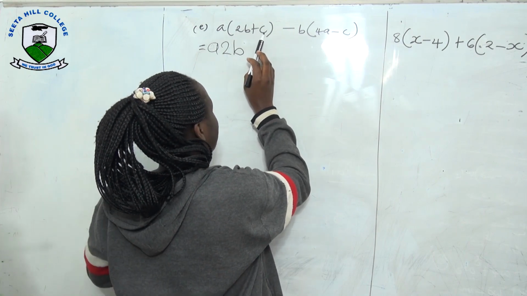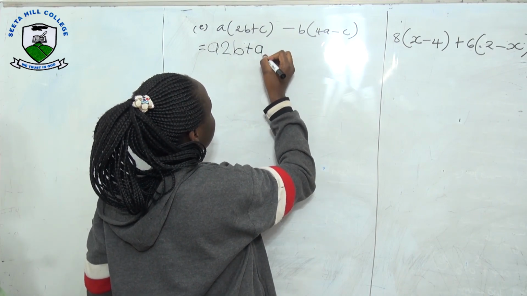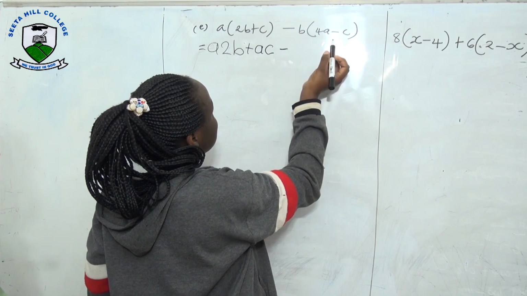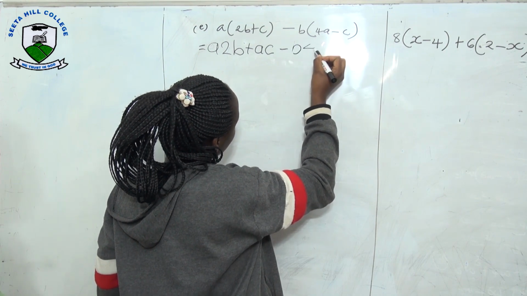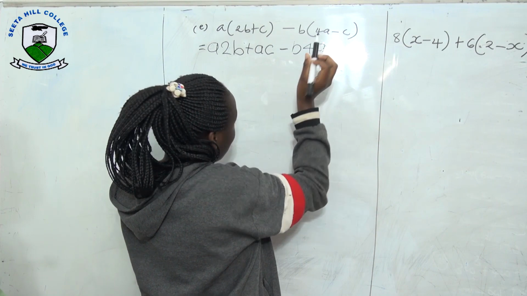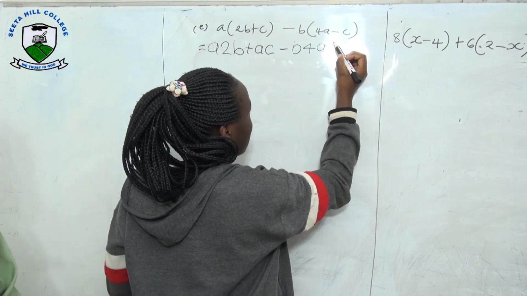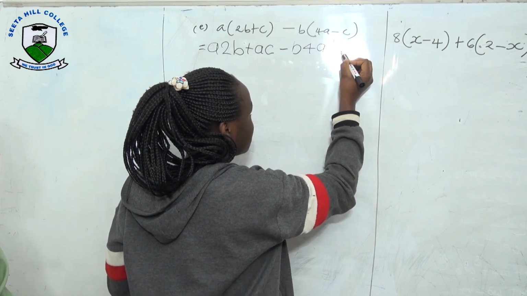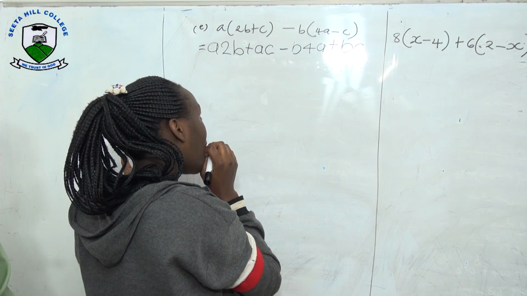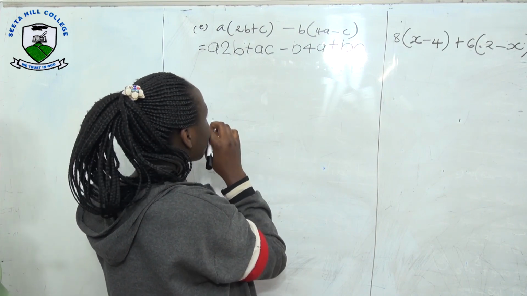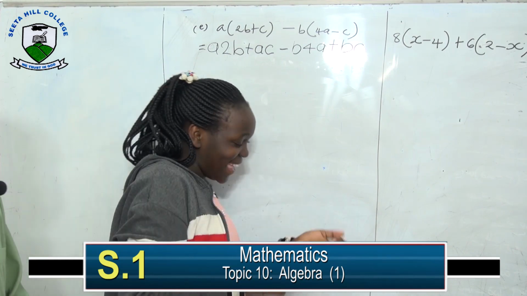A times positive C, which is plus AC, plus B times 4A, which is B 4A, then negative B times negative C, which is positive BC. That's where you end.